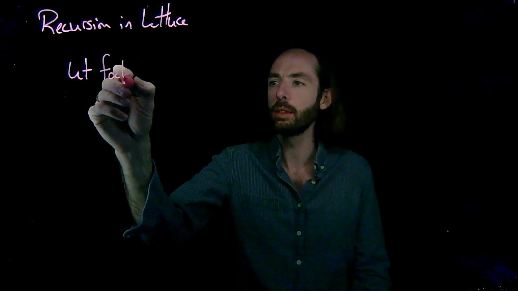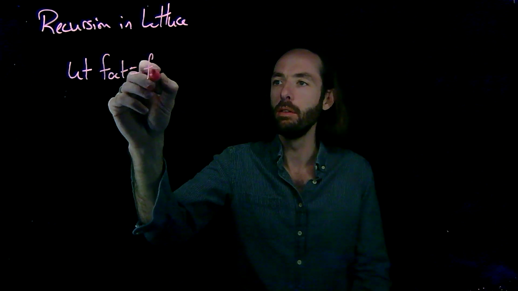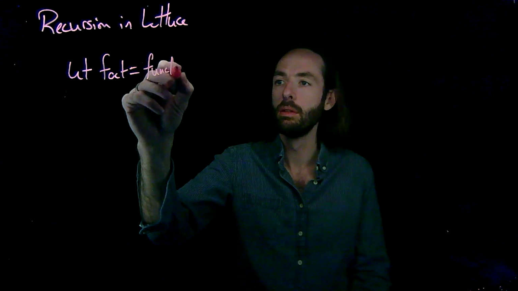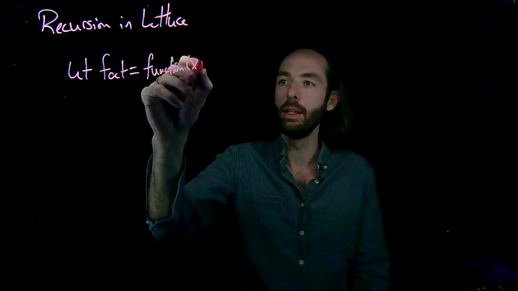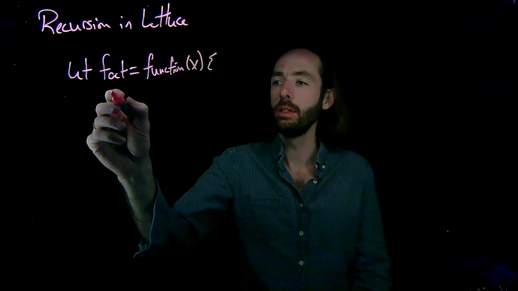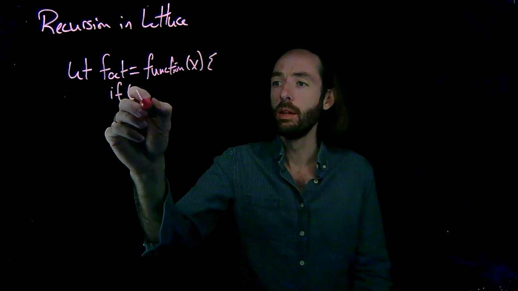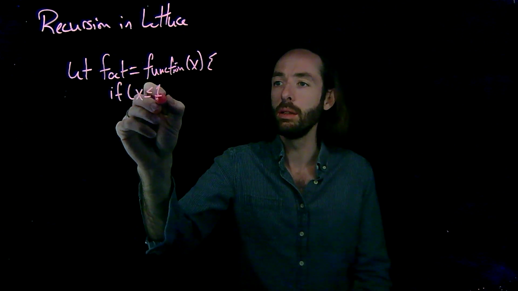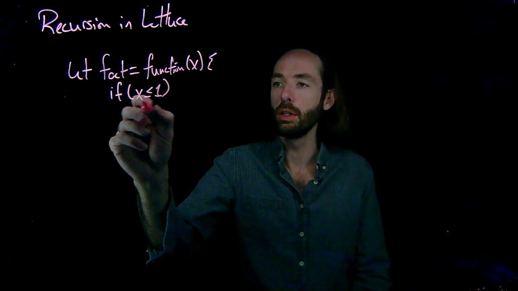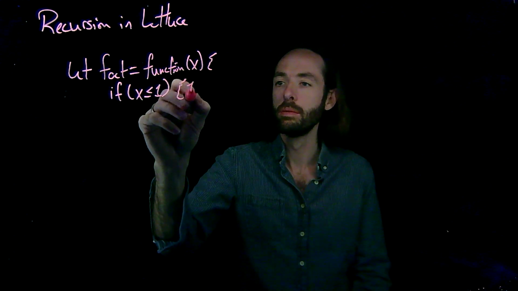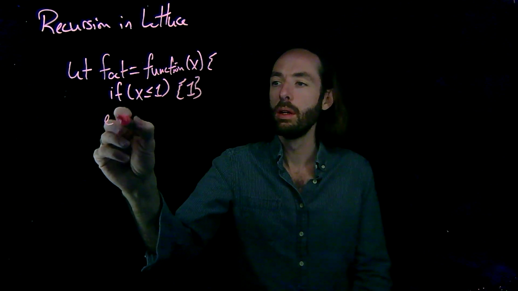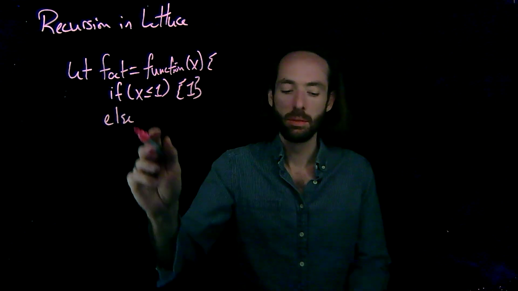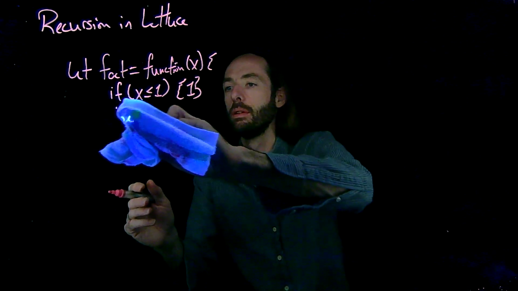So let fact be a function that takes in an x. And what does it do? Well, if x is less than or equal to 1, we're going to return 1. Else, let me put the then statement.